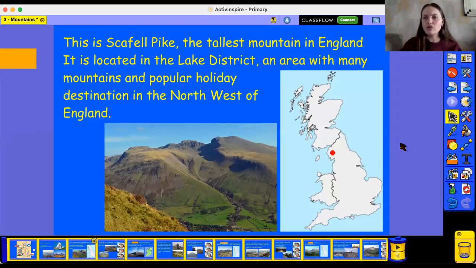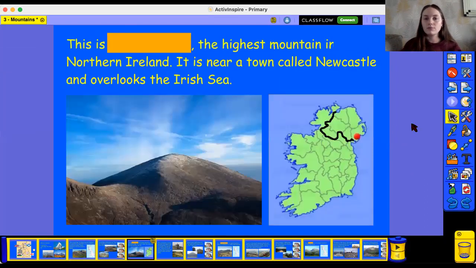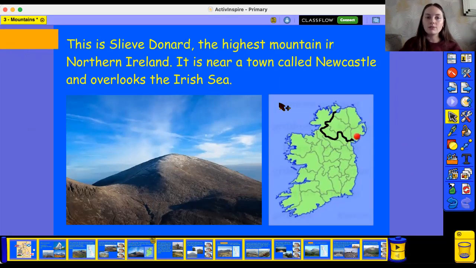Fantastic. Right, can you remember what the tallest mountain in Northern Ireland is called? Go and tell somebody in the room. What's the tallest mountain in Northern Ireland called? Fantastic. It's called Sleevedonard. Let's practice saying that sentence. The highest mountain in Northern Ireland is Sleevedonnard.